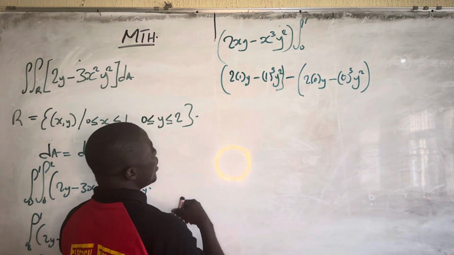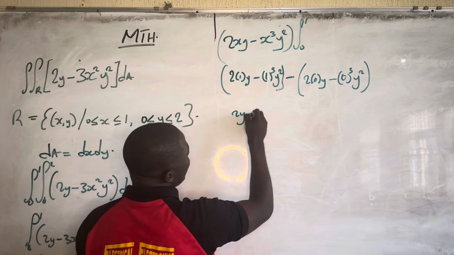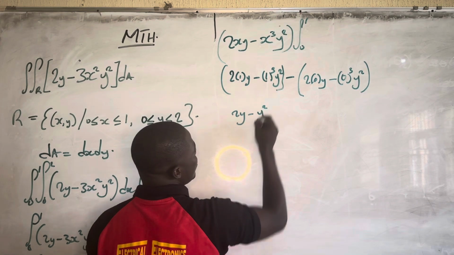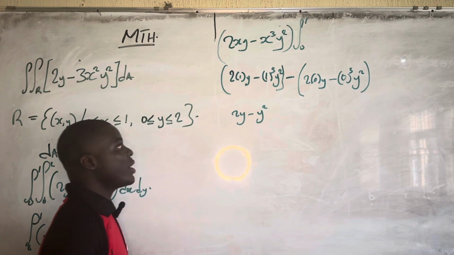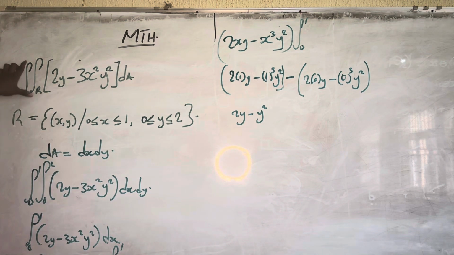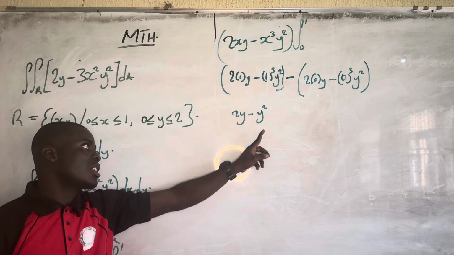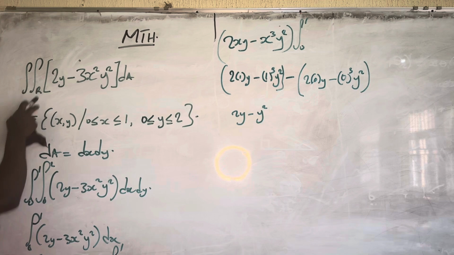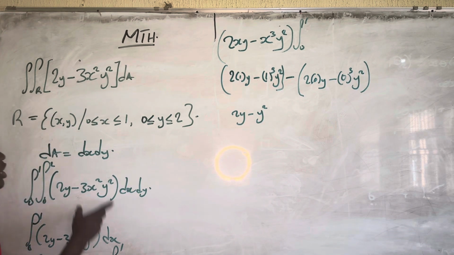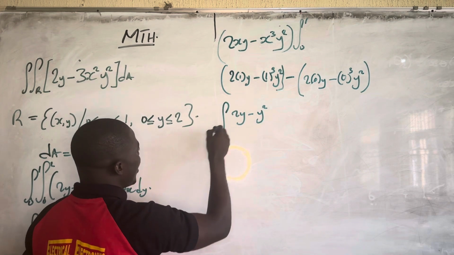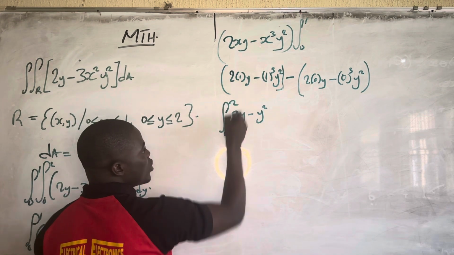So what we have here is 2y minus y raised to power 2. Remember, we have a double integral here. So we've integrated with respect to x, and we got this as our result. Then what we have to do is integrate with respect to y, where our range value in y was from 0 to 2.